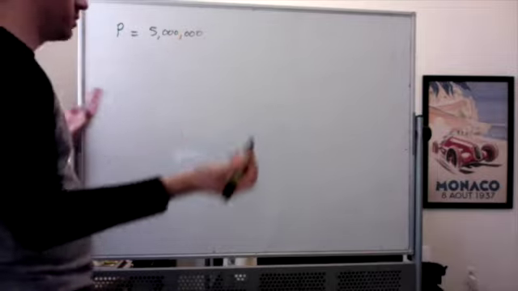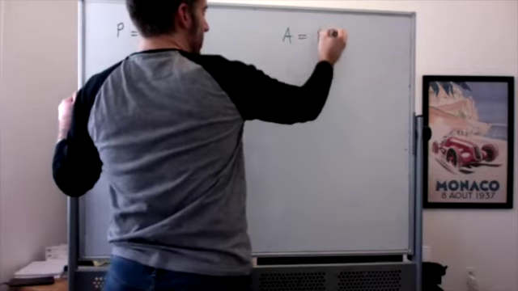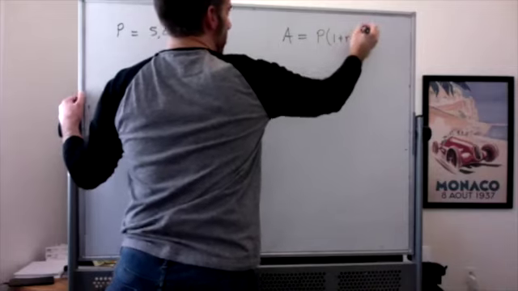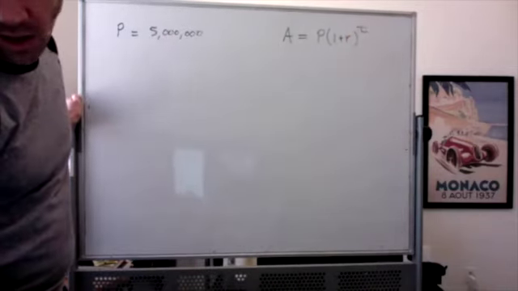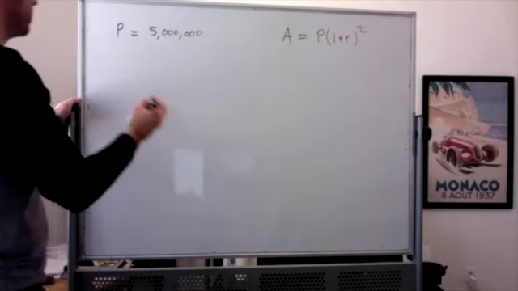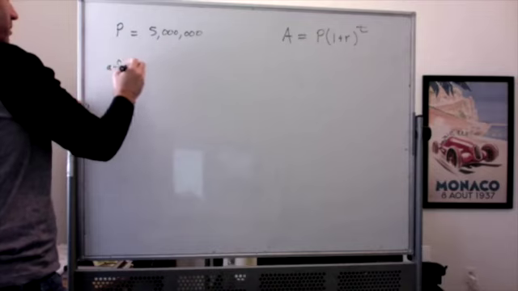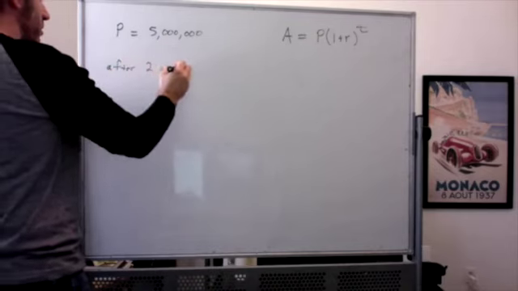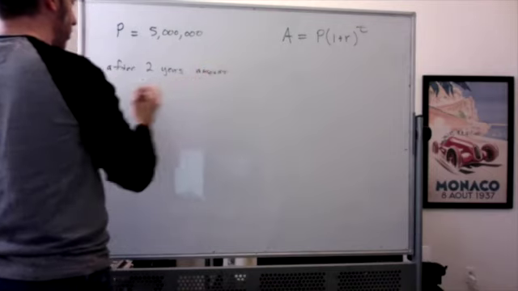So it's the usual. Paying annual interest means we've got the usual A equals P times 1 plus R to the T formula. And then after 2 years, we know that the amount of money after 2 years is $5.5 million.